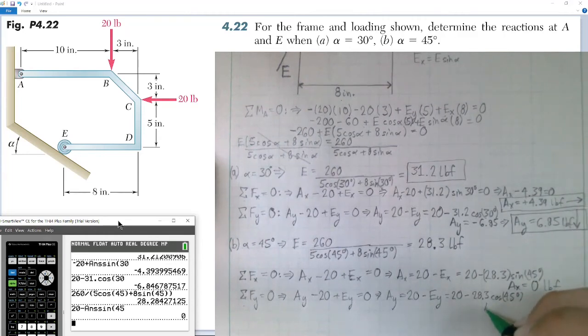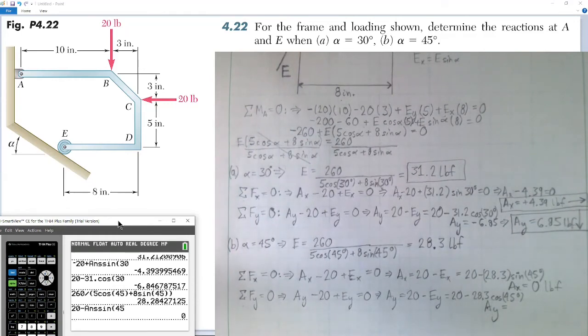This tells us reaction Ay, we have 20 minus 28.3 cosine of 45.